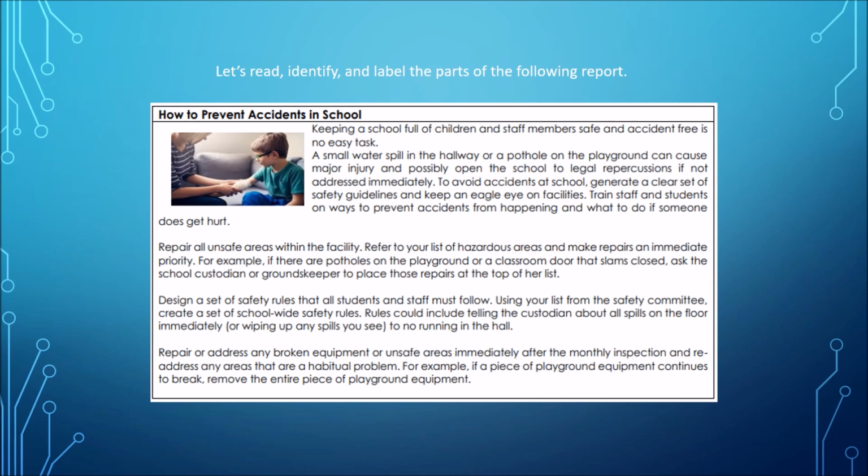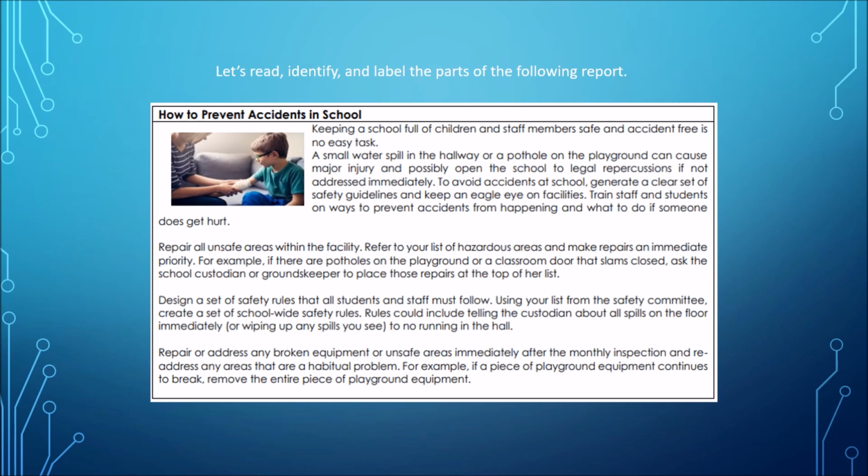Rules could include telling the custodian about all the spills on the floor immediately or wiping up any spills you see, to not running in the hall. Repair or address any broken equipment or unsafe areas immediately after the monthly inspection and readdress any areas that are a habitual problem. For example, if a piece of playground equipment continues to break, remove the entire piece of playground equipment. Now that we read the report, let's see if we can identify its parts.